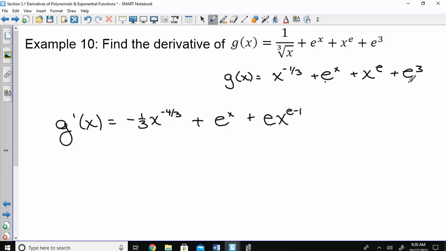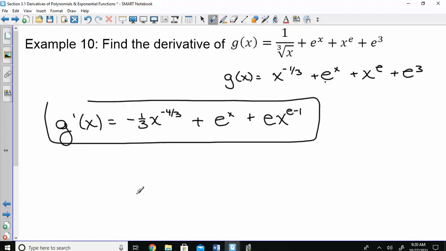What about e to the 3rd? There's no x in that. E to the 3rd is a constant. So the derivative is 0.